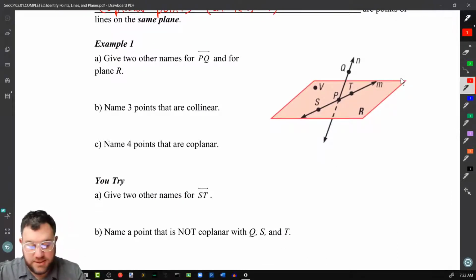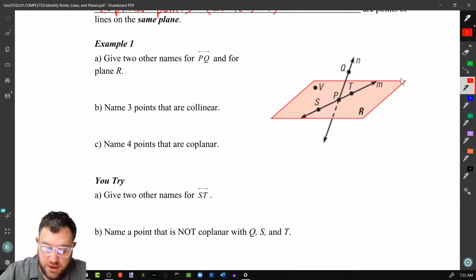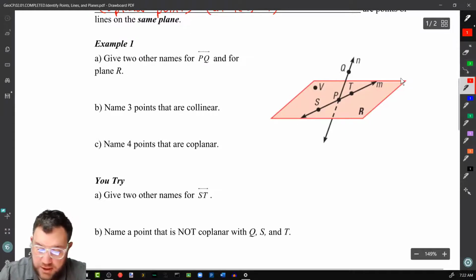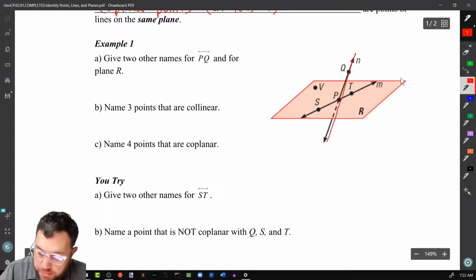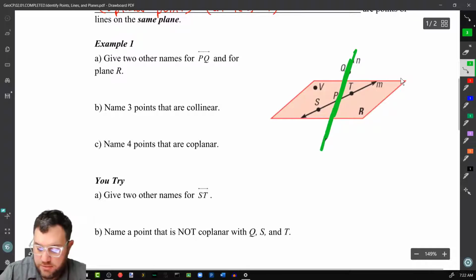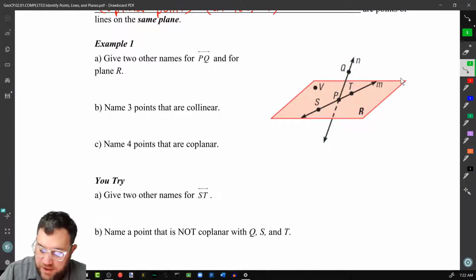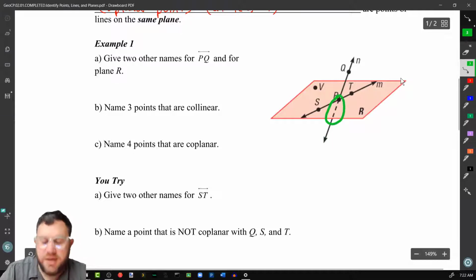All right, so let's look at this figure and let's try to identify some things. 2 other names for line PQ. Well, PQ is this line right here. See how it has this dotted part here?